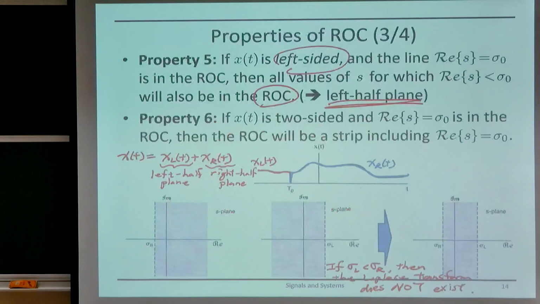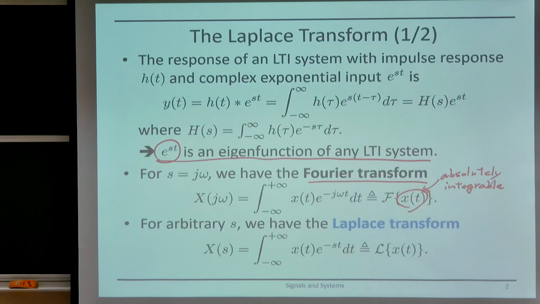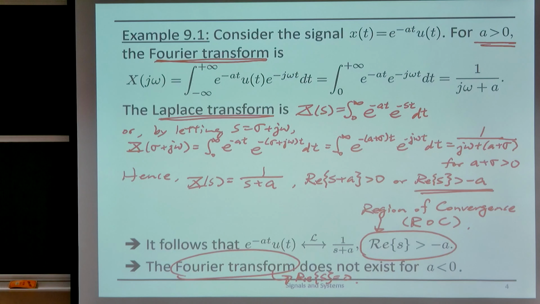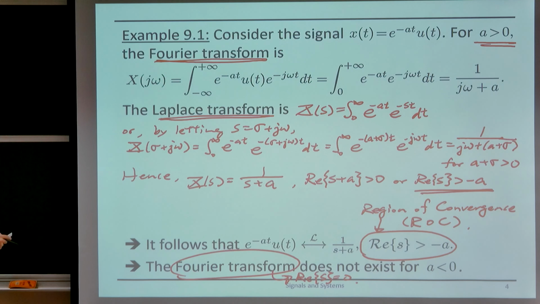So this is from our example 9.1 here. This has a Laplace transform that is 1 over s plus a with region of convergence greater than minus a.